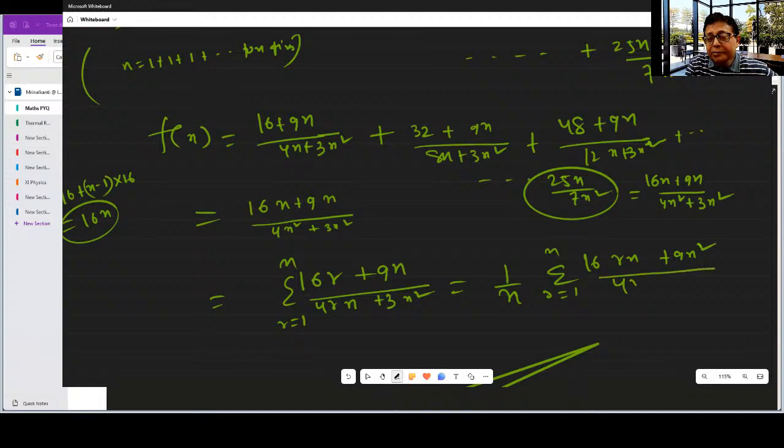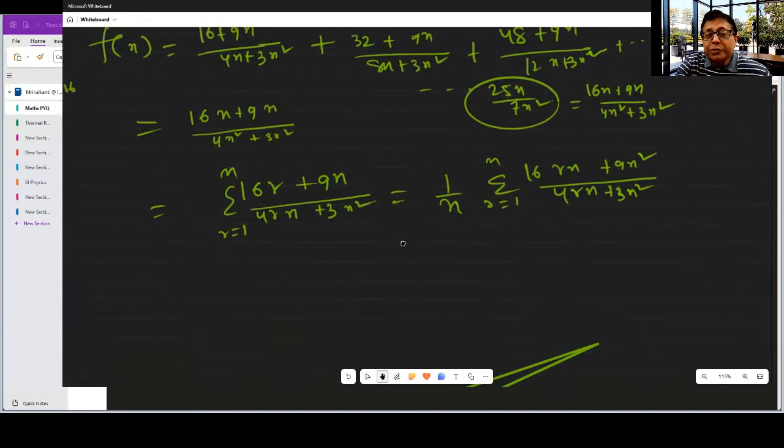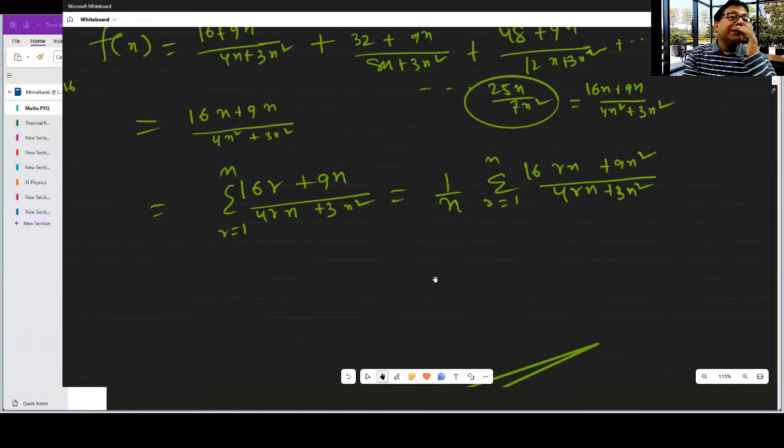This divided by, now what to do? I multiply and divide by n. Now divide n and here by n square.